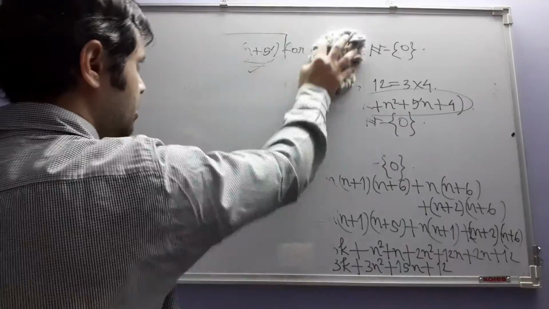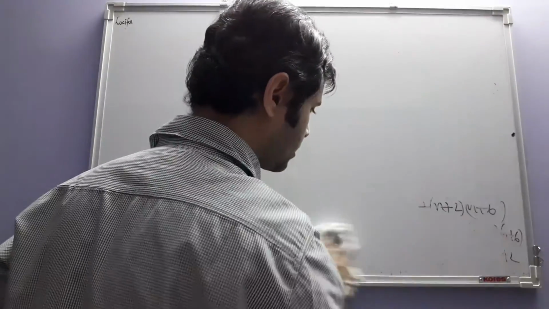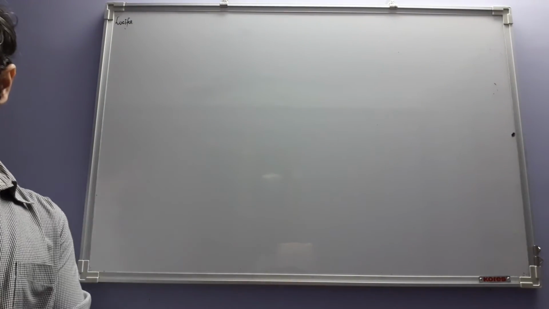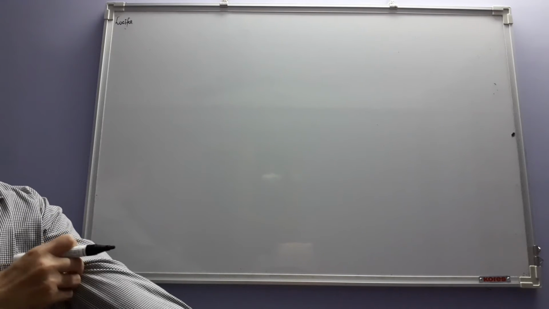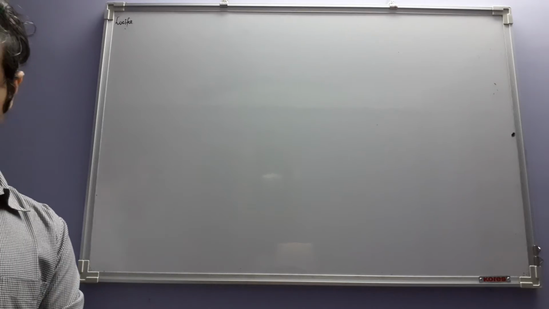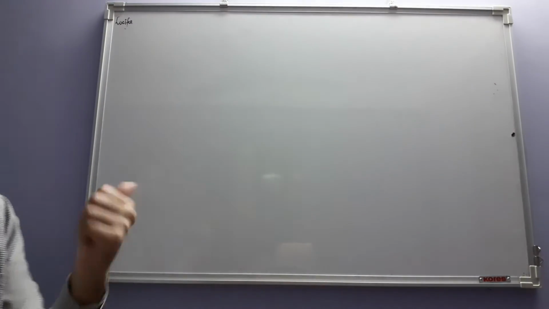Now to finish this application of induction, let us take one more such result and try to prove it. This one, however, will be slightly more complicated than this one.